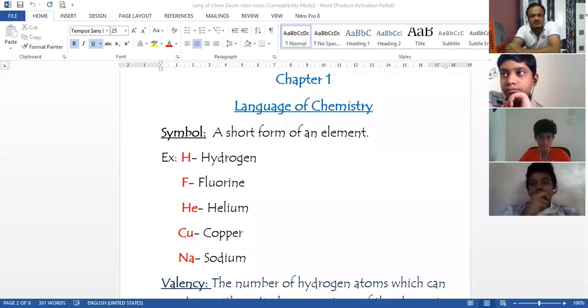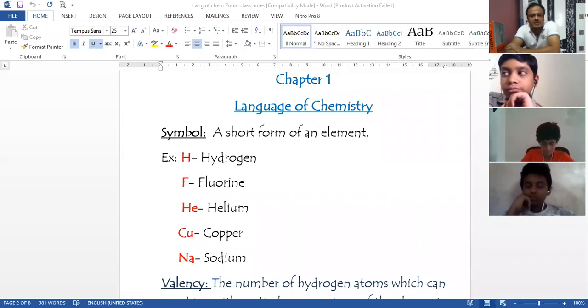With symbols, you have to know how to represent different elements. This we have studied last year. We take the first alphabet of the name of that particular element and we represent that, and that is the symbol of that element.